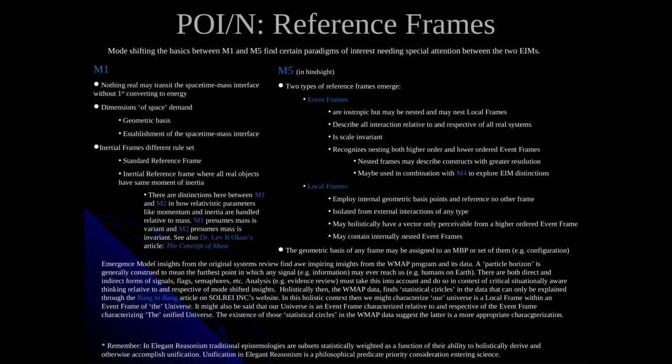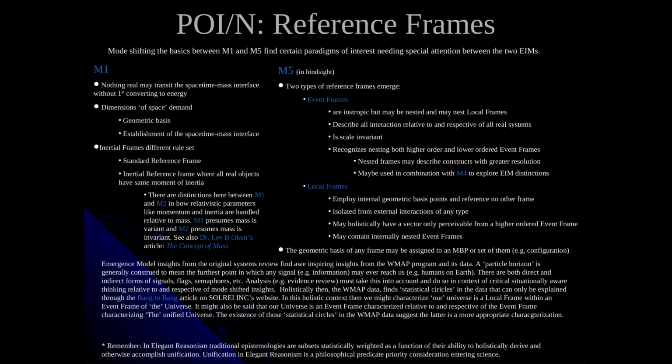We also need to get into the distinctions between M1 and M2, and to really do that requires digging into the article, The Concept of Mass, that Dr. Lev Okun wrote and is linked from this presentation back from our website. But the distinctions between M1 and M2 is what Einstein actually believed. The modern incarnation of that, of variant mass, that modern science is using today in status quo thinking, really came from Wolfgang Pauli.